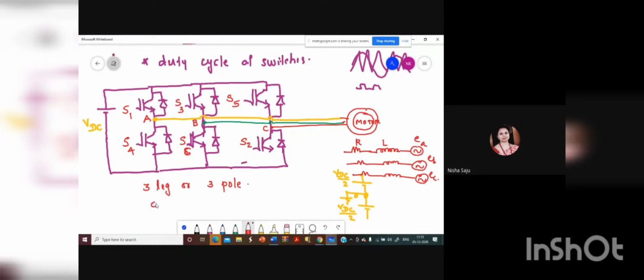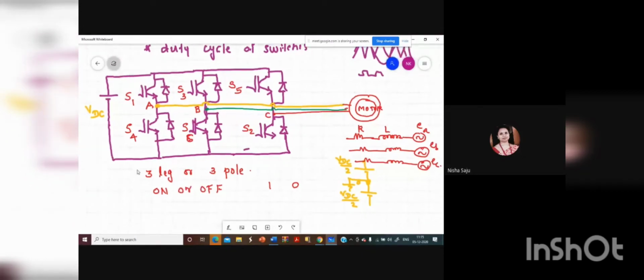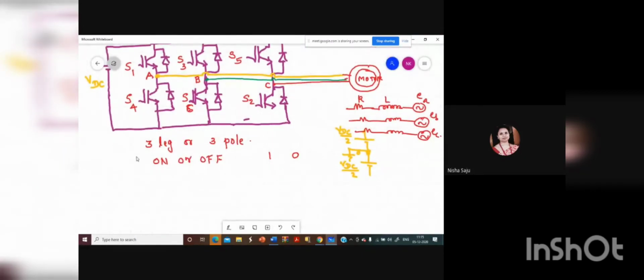Either it can be on or it can be in the off condition. On means 1 and off means 0. So each switch has only two possible conditions, that is the 1 or 0 combination. So how many states will be there in total? How many states will be possible for this circuit?